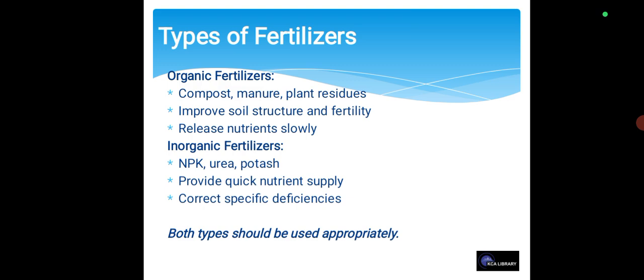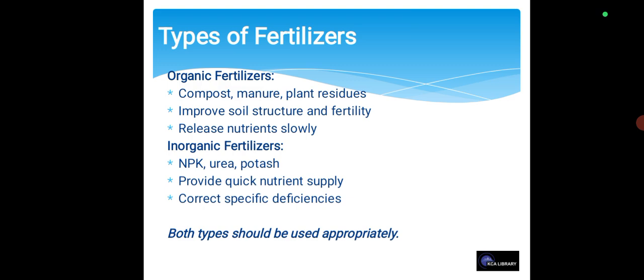Okay, so let's talk about inorganic fertilizers. When we say inorganic fertilizers, they are chemically manufactured fertilizers. They provide nutrients in concentrated and readily available forms. Okay, so they are chemically manufactured, so they are not derived from natural sources.